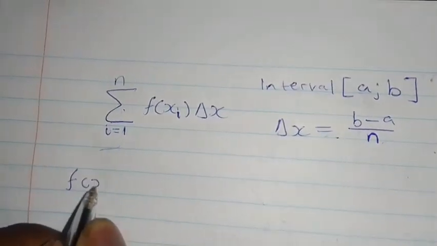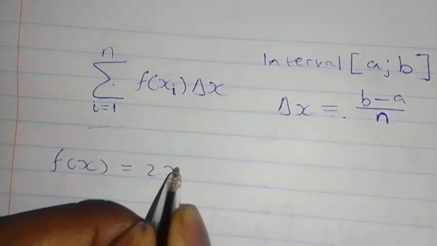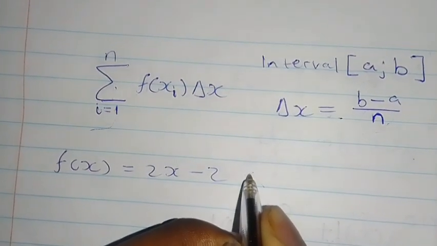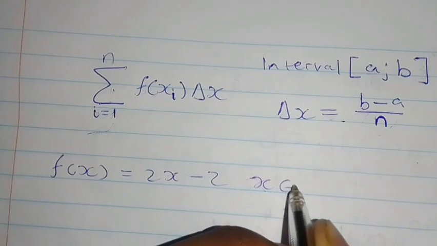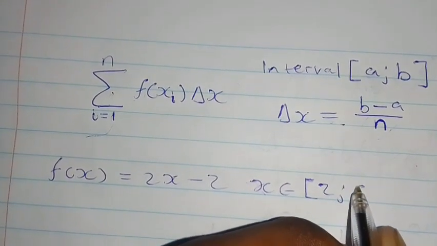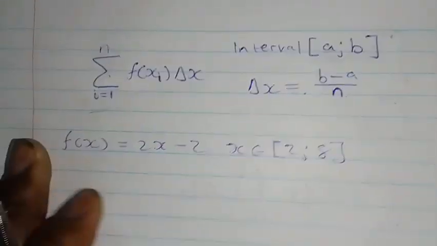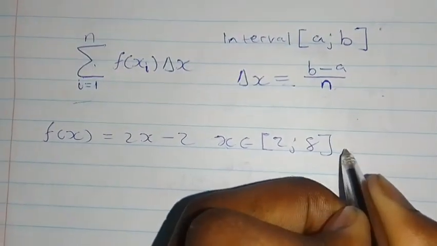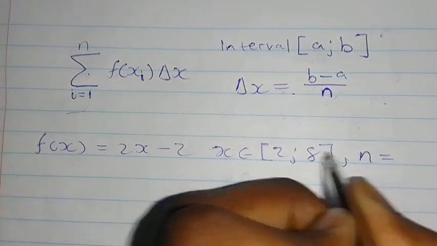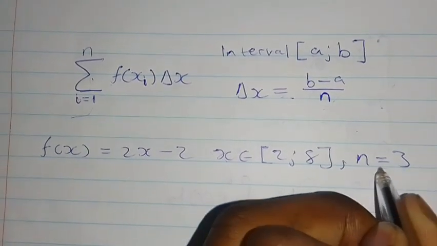Suppose I have f of x equals 2x minus 2, and we are given an interval where x is between 2 and 8. We are going to divide that into 3 subintervals.